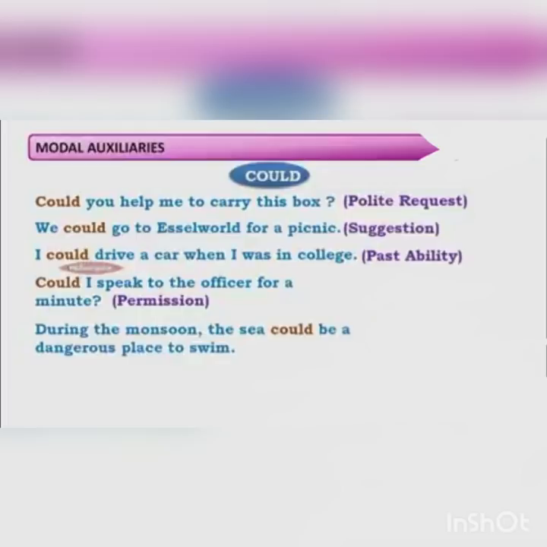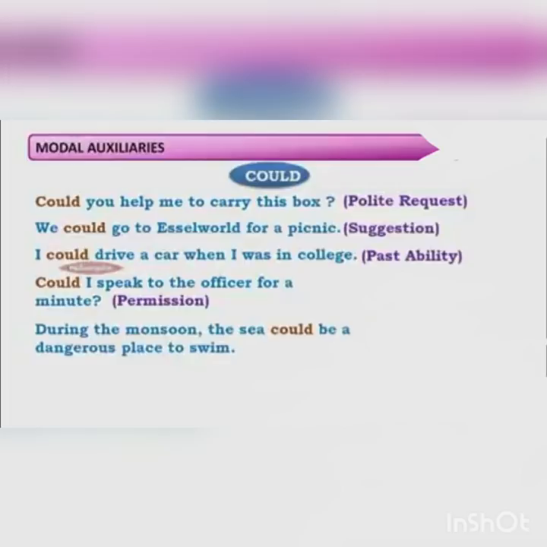So students, from all these above examples, can you see for the modal auxiliary can we had two functions, permission as well as ability. But for could there are so many functions. Polite request, suggestion, past ability, permission.